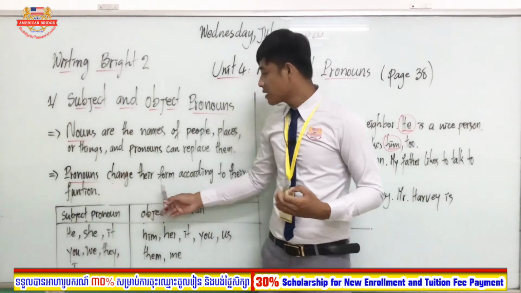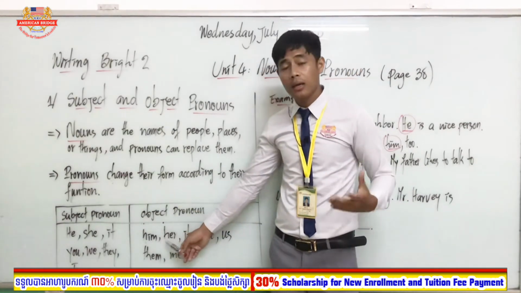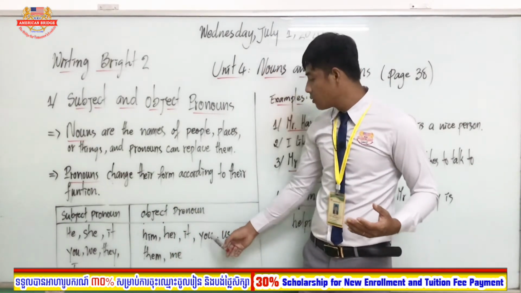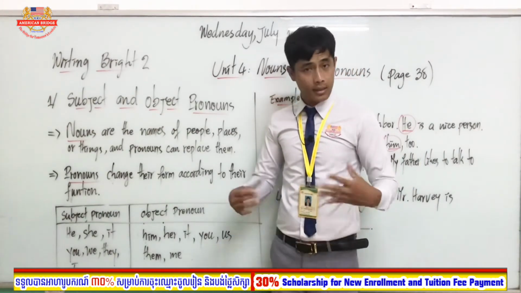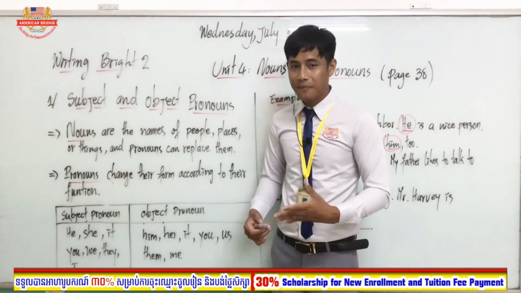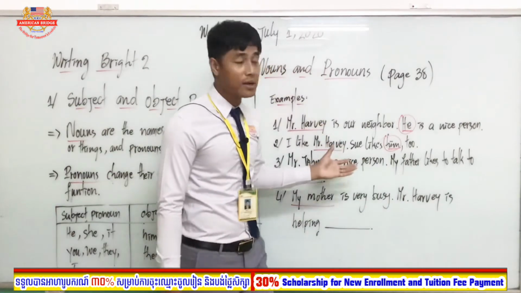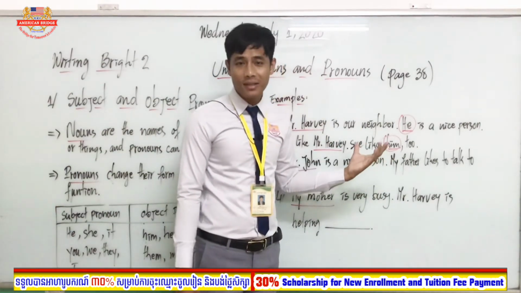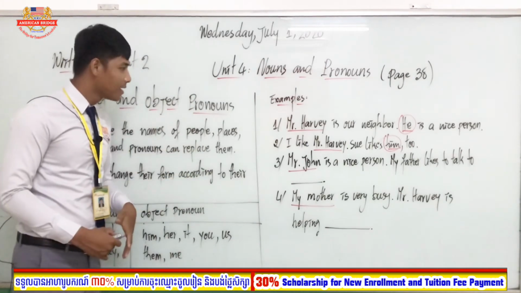And if it functions as an object, it will be him, her, it, you, us, them, and me, right, in the sentences. You understand this? Okay, good. So let's see the examples to make sure that we understand these points, right? Objects and subject pronouns.